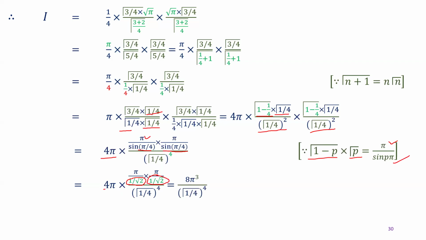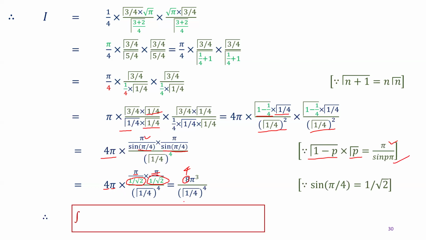Therefore, its value is 4 into pi into pi into pi. I think this is not 8, it is 4. 4 pi cube upon gamma 1 by 4 whole to the power 4.